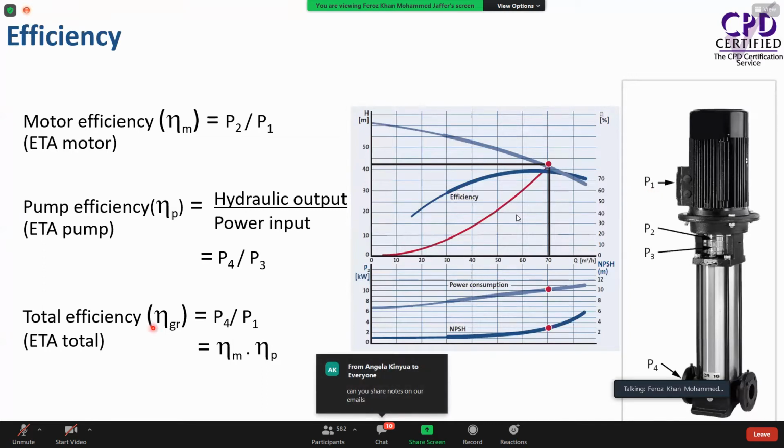Or we can multiply the motor efficiency and pump efficiency, and we will also get total efficiency. For example, say the motor is 90% efficient and the pump is 70% efficient. If we multiply 70 by 90, we will get the total efficiency of the complete pump set.